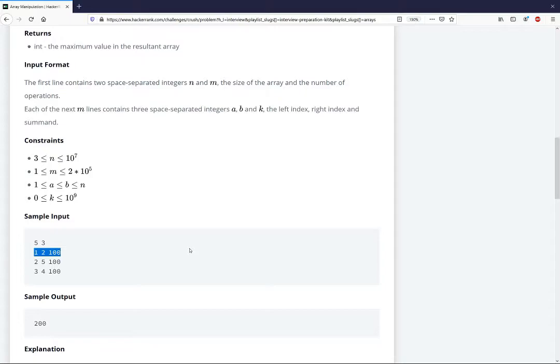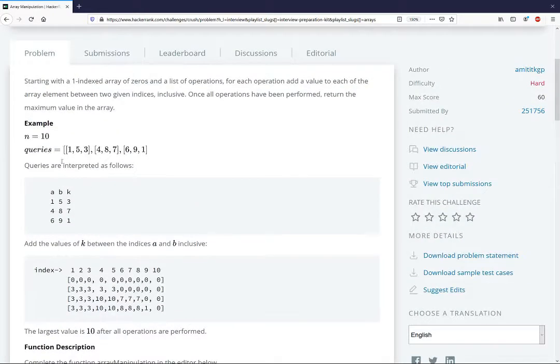So if you think about it, let's consider each of these instructions as a function. Basically, this is an array where we've got 3s from index 1 to 5.